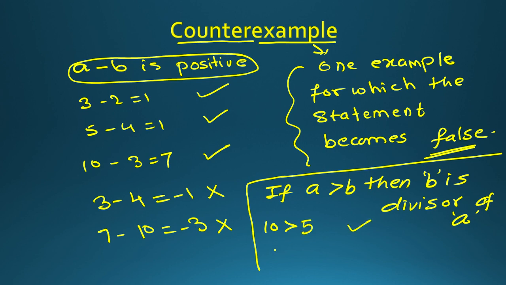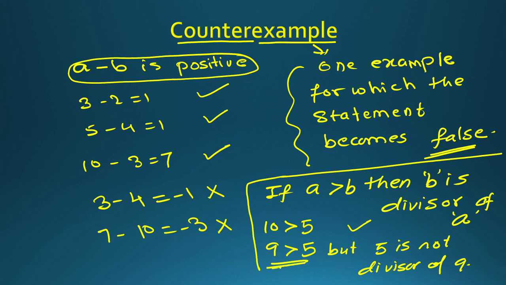This is correct. But if you see 9 is greater than 5, this statement is correct, but 5 is not a divisor of 9. So this single example is making this statement false.